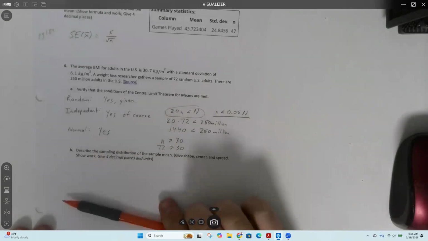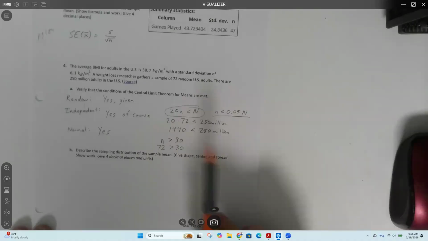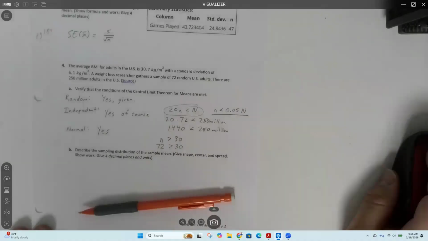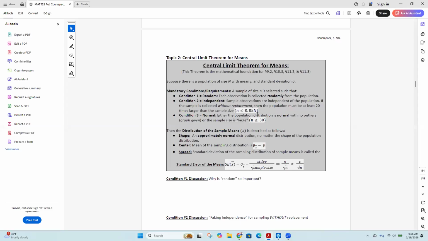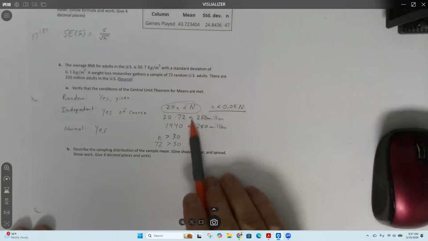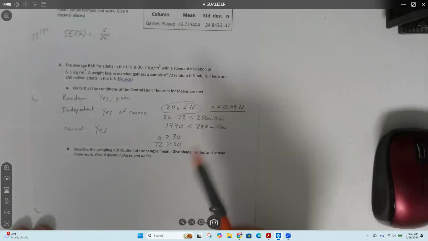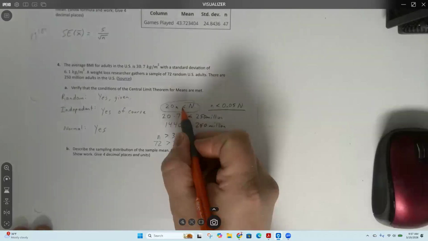Now, you'll notice that the formula listed in the course pack has less than or equal for independent, greater than or equal for normal. I've dropped the equal, and I've said this already. I'm going to play a little loosely with whether I put the less than or equal or not.